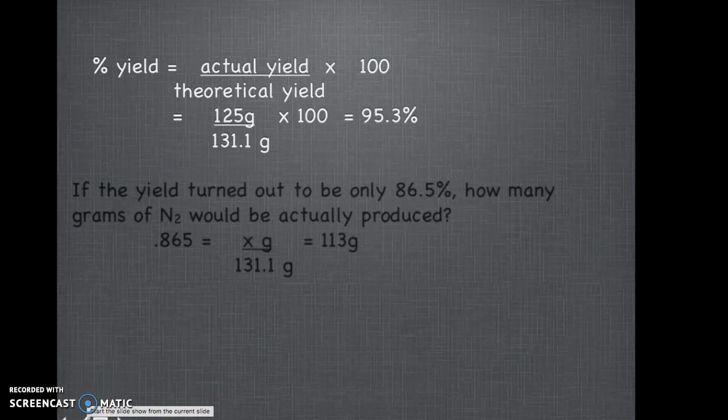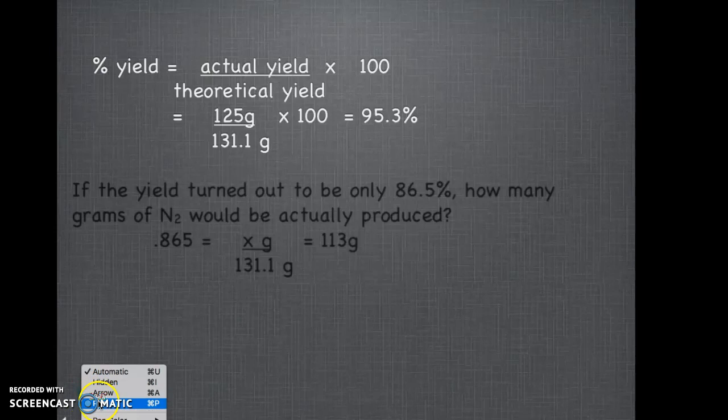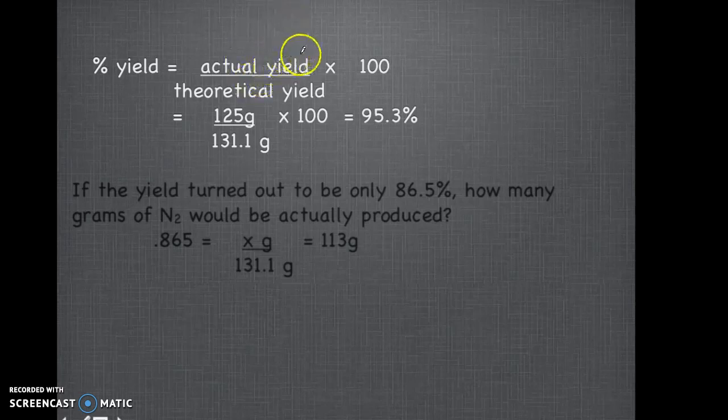So if we look at our equation that we have right over here, and this time around, we're going to be manipulating the equation. You know the percent yield. Okay, it's 0.865. Notice how the percentage was turned into a decimal to make it a little bit easier. The actual yield is the thing you don't know, so that becomes your x right here.